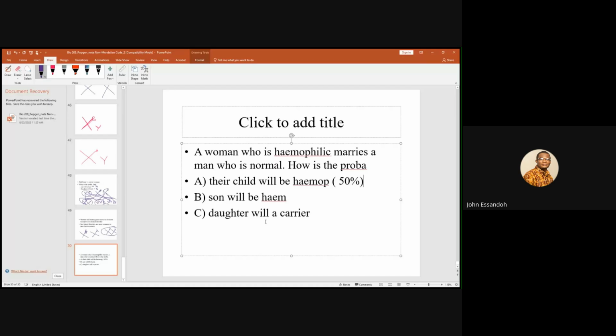And your B, what did you get for B? Sorry, the C rather. C is also 50%. And not C is 50%. And then the B is what? I'm working on it.